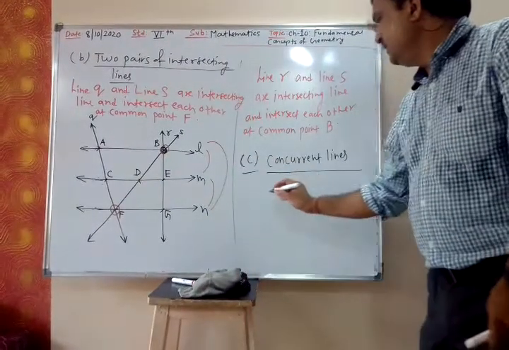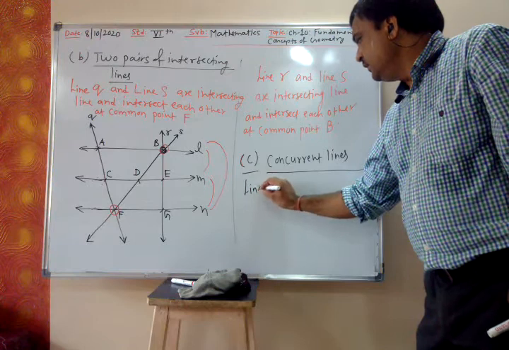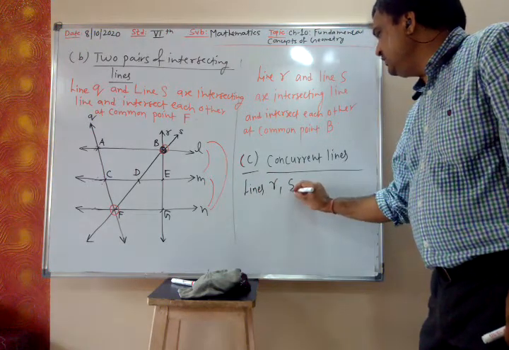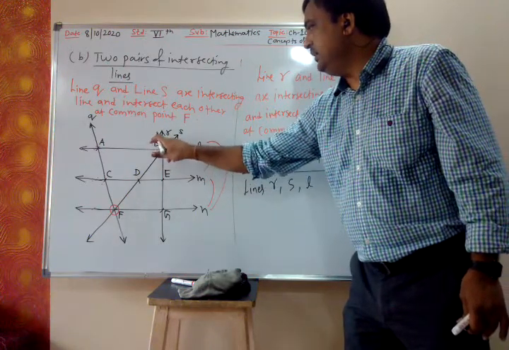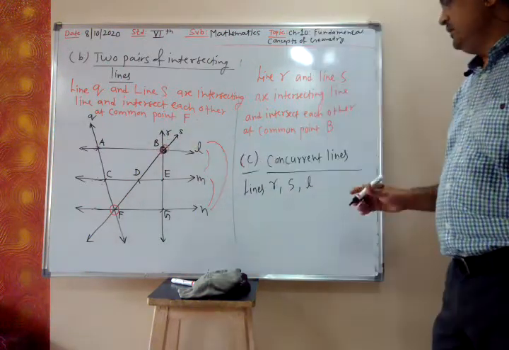First example is lines R, S, L. They meet each other at common point B, no?